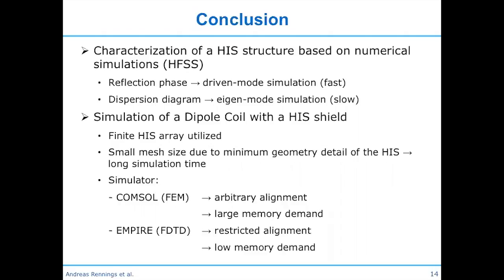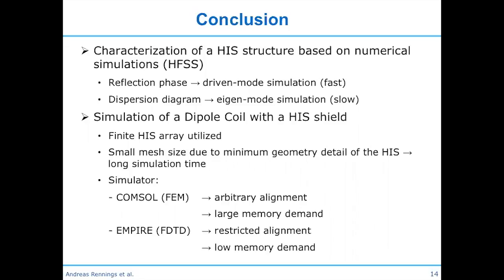Yeah, and for the simulators, we use several of them. We use HFSS for the reflection coefficient calculation. We use COMSOL usually for, let's say, more simple structures where the degrees of freedom in the mesh are not so large, because COMSOL really needs a lot of memory and usually also a lot of simulation time.